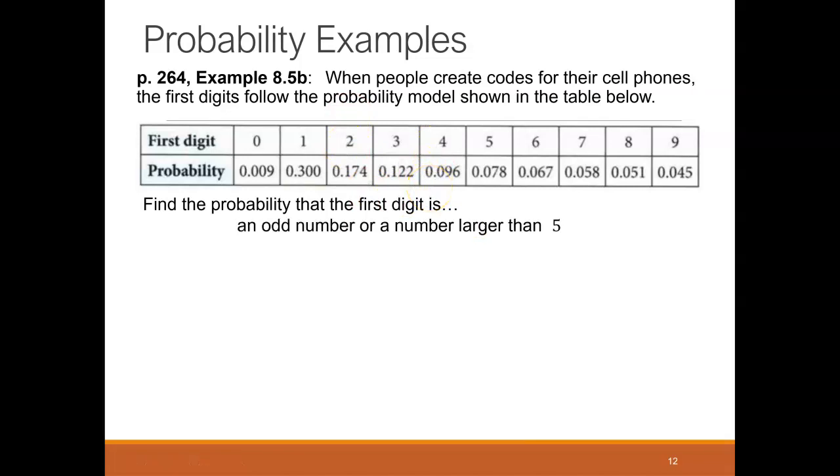Find the probability the first digit is an odd number or a number larger than 5. Are these mutually exclusive? No, right? What is in the intersection between the odd numbers and the numbers larger than 5? 7 and 9.